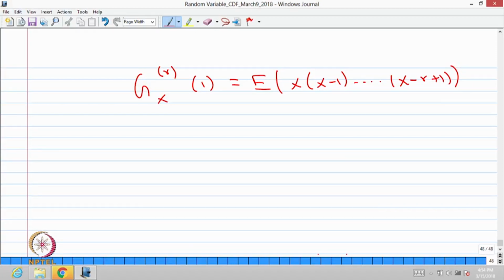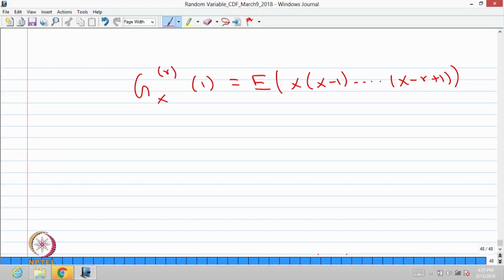The way I defined g suffix x bracket r at 1, that is same as expectation of x into x minus 1 multiplied till x minus r plus 1.